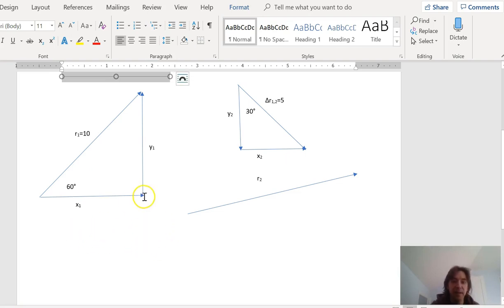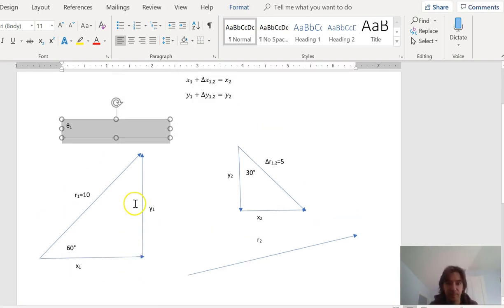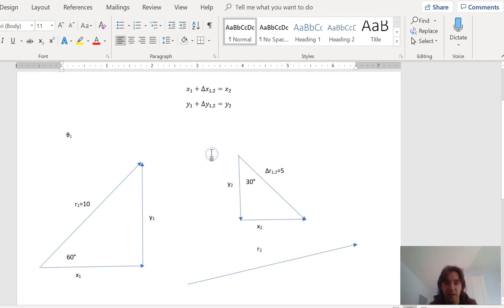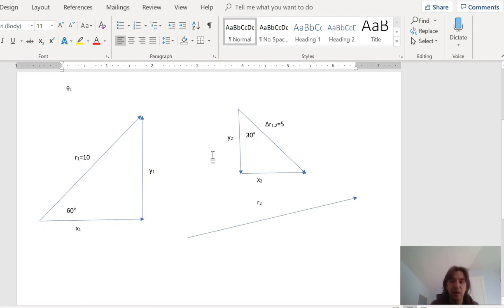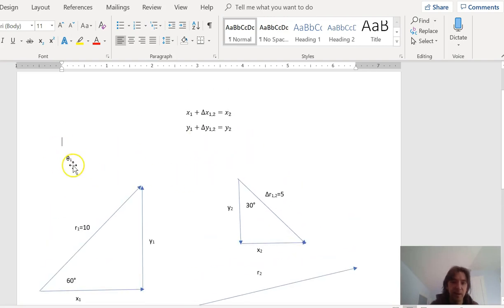So then we can get into using some of our trigonometric equations. So if we look at this guy here, we want to think about the trig functions we might use. So that's our SOH CAH TOA: sine, cosine, and tangent.